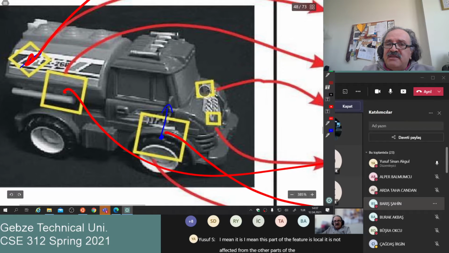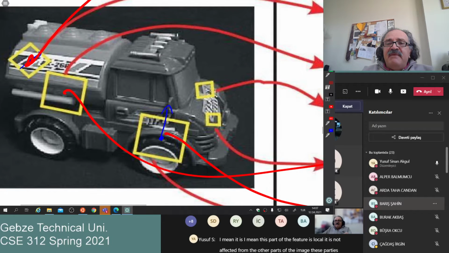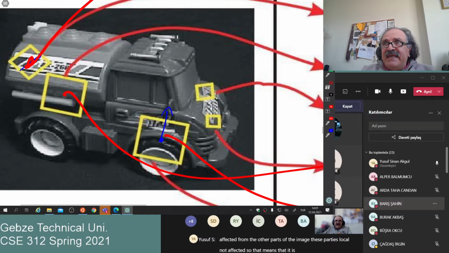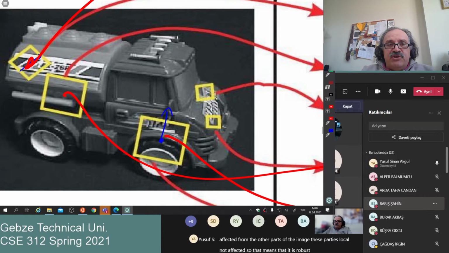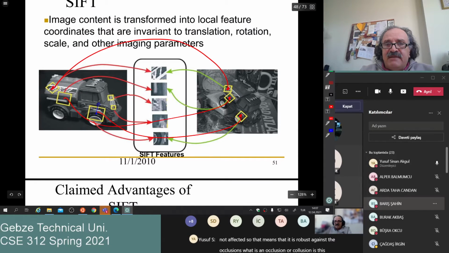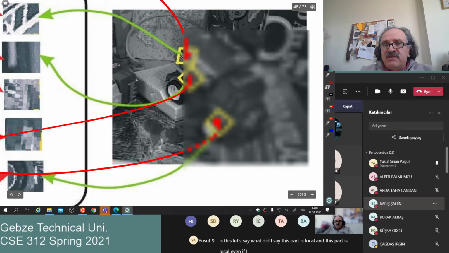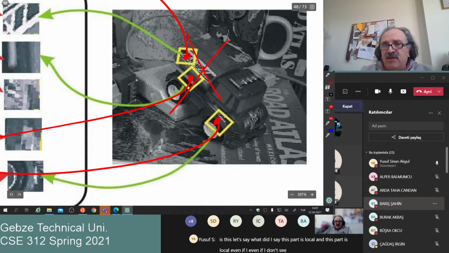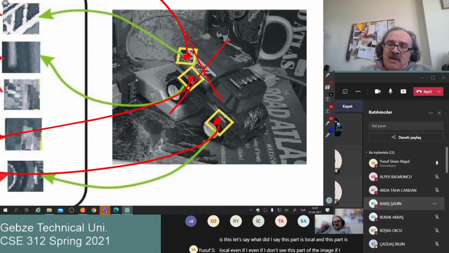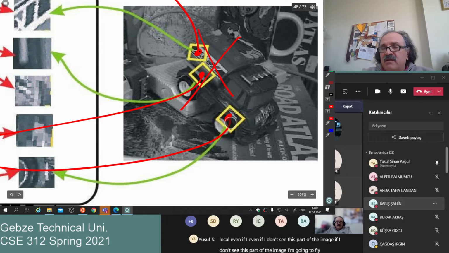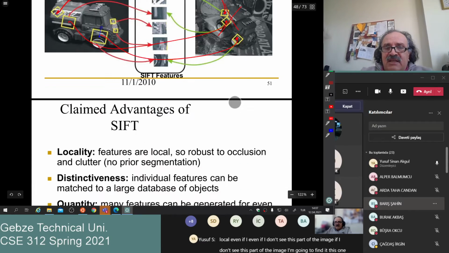So that means that it is robust against occlusions. What is an occlusion? Occlusion is this. This part is local and this part is local. Even if I don't see this part of the image, I am going to find this one, because it is local. It doesn't need the whole image.